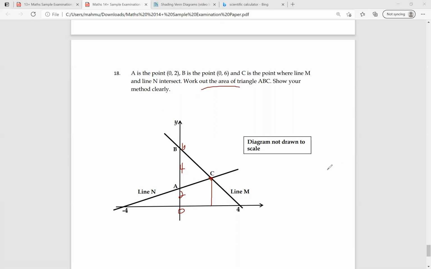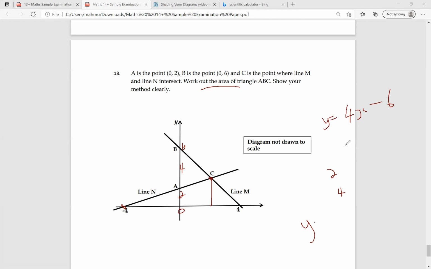Okay, this one is crossing at 2, and the top one is crossing at 4. And so this is going to be y, and this is crossing at -4 actually. So the first one is going to be y equals 4x minus 6, right? That should be easy actually to find now.